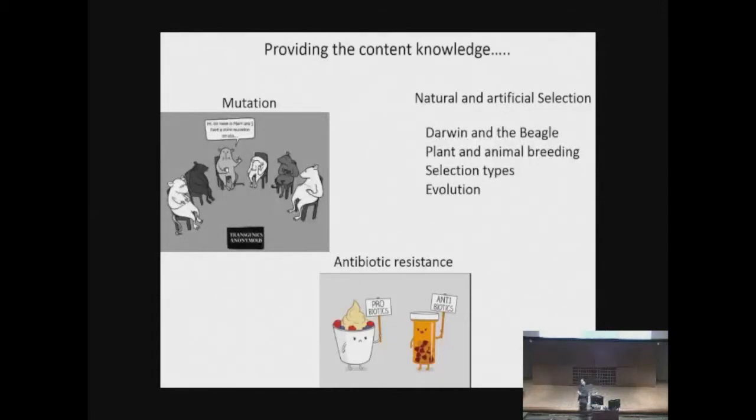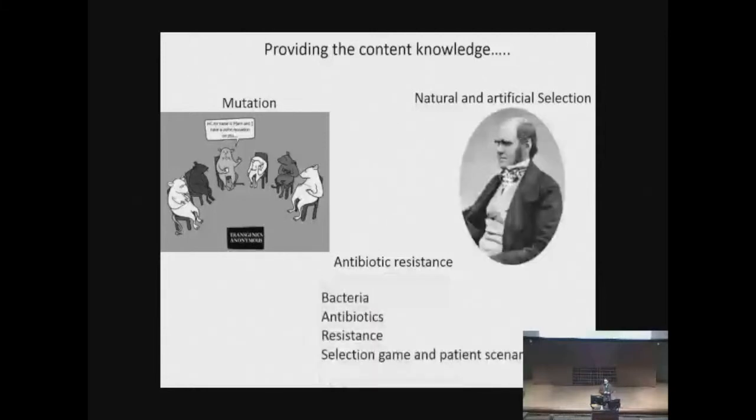Next week, visit Darwin and his travels, talk a little bit about evolution and selection types. Again, just touching it enough that you understand what you are doing in the lab sections. And then today and next week, we are going to discuss antibiotic resistance, talk about bacteria, how bacteria grow, and what kind of antibiotics you are going to use in lab.